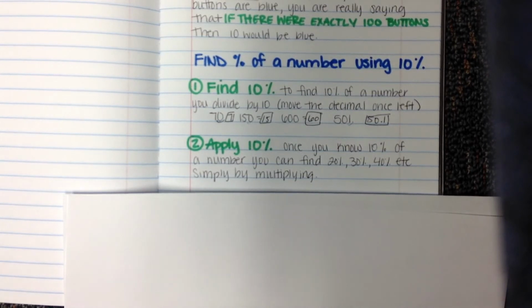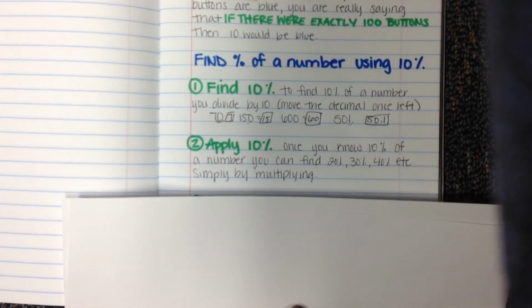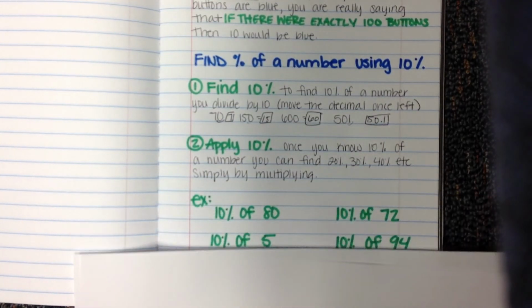If I say 20% of the buttons are blue, what that means is, well, 10% is 10, so 20%, well, I need two 10%s. I need to multiply that. We're going to talk about that in class. I didn't give you an example because I want you just to think on this and see if you can make that connection in your mind. We're going to really look at some examples in class. But once you have that 10%, you can multiply to get 20%, 30%, 40%, even down to 5%.